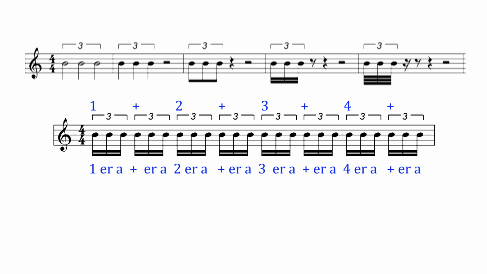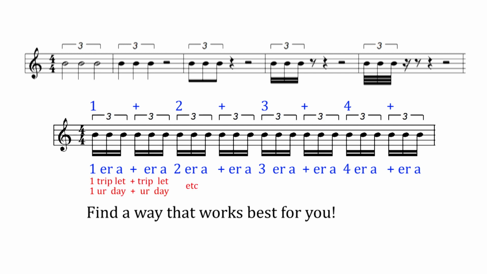For example, 1 and 2 and 3 and 4 and. But whichever system you use, the sound of the syllables must be of the same length, so when playing the notes they come out equal and evenly spaced.